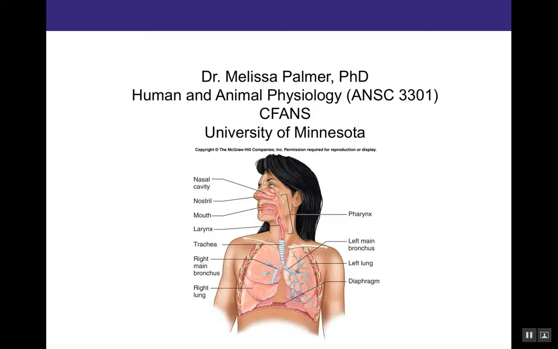You can just know it as 2,3 DPG. Now, DPG is upregulated in your body at high altitude and when you're pregnant. It's an interesting story with DPG. High altitude and pregnancy increase levels of DPG.